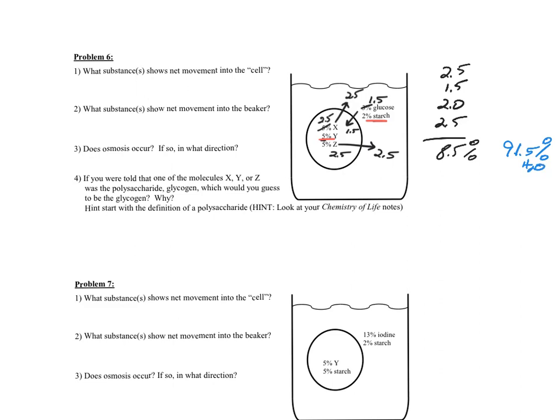So now let's do inside. Inside is 10%. It's 2.5, 2.5, 2.5. It's actually 11.5%, right? And what's the percent water then? 88.5. 88.5% water. So that's what we have. What's going to happen then? Osmosis. Osmosis, water's going to go into the cell.